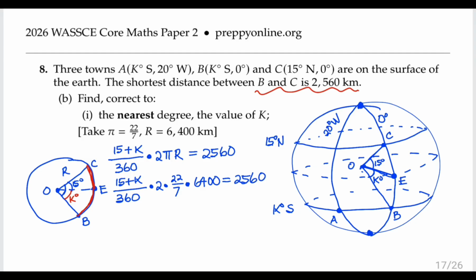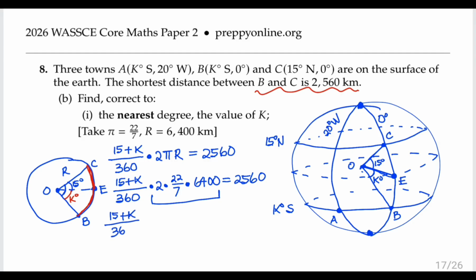We are trying to simplify it and solve for k. So we just have to get rid of this fraction on this side, and the way to do that is to multiply by the reciprocal.